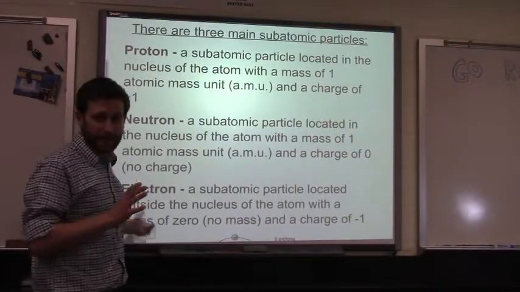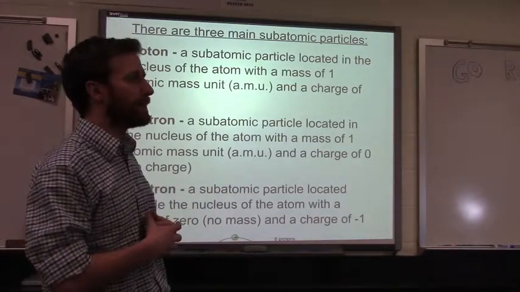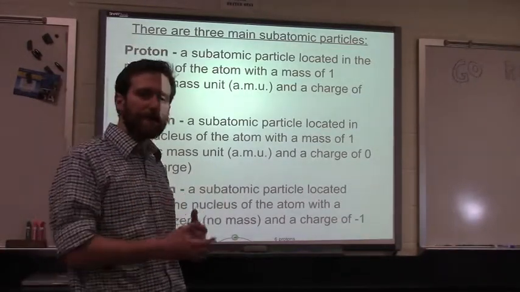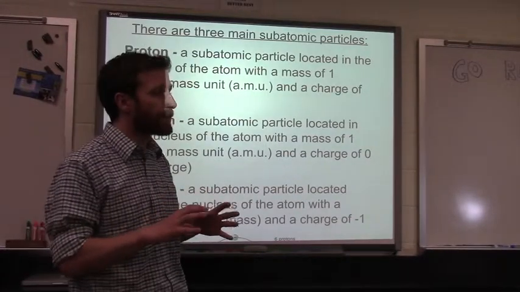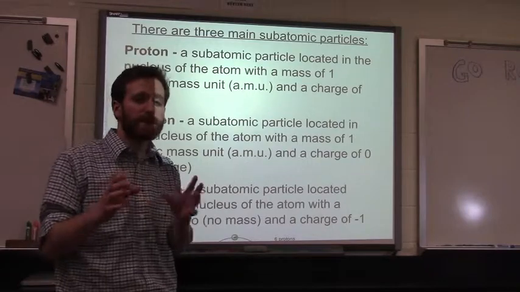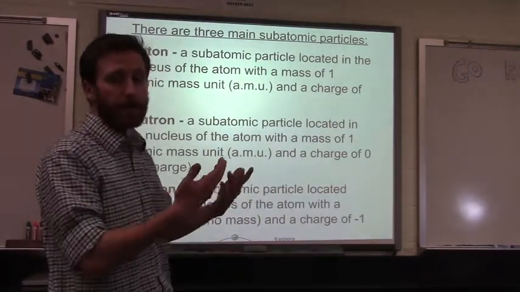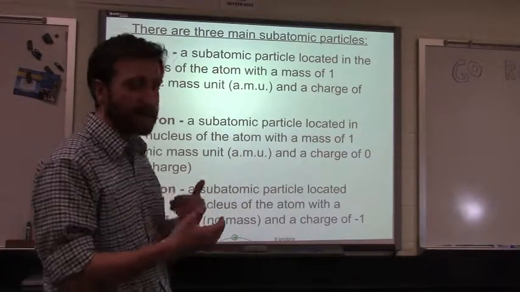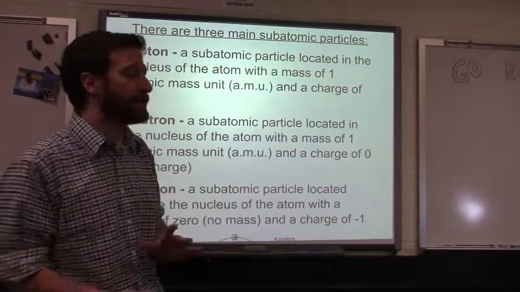My guess is you've heard of all 3 of these before, but we're going to just get the formal definitions of them out there and their properties. So keep in mind that a subatomic particle does not retain the properties of any element. They are just the properties of that particle. So a proton, for example, in helium and a proton in uranium would look exactly the same.